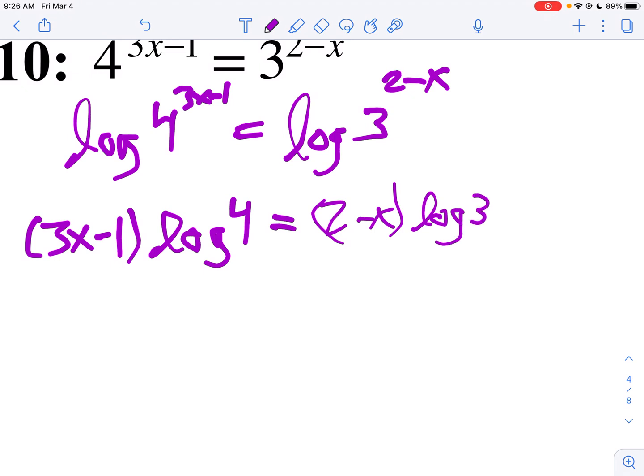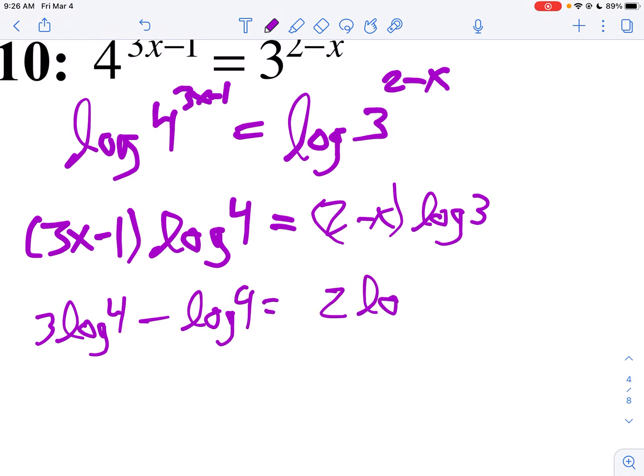Now we're just going to use our Algebra 1 skills to isolate x. So I'm going to distribute my log of 4. So I'm going to get 3x times the log of 4 minus the log of 4 equals 2 log 3 minus x log 3. Now let's get all the x's on the same side. I forgot my x here, didn't I? We write my x's on the same side and put everything else on the opposite side.